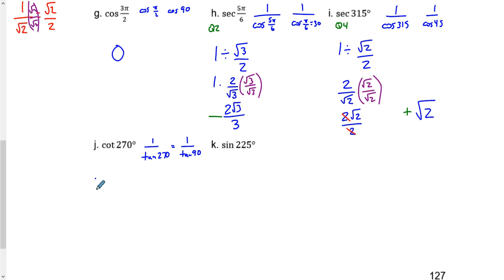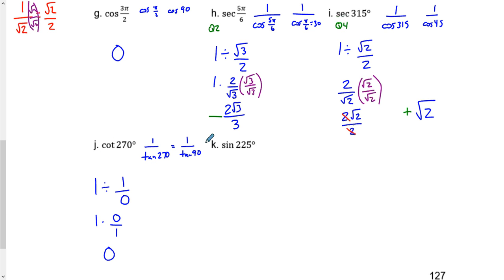Or it's 1 divided by something that is undefined. 1 over 0 is undefined. How do you divide by a fraction? You flip and multiply, which means this becomes 1 multiplied by 0 over 1, which means our answer is actually 0. So that's a little bit of a trick to that one.